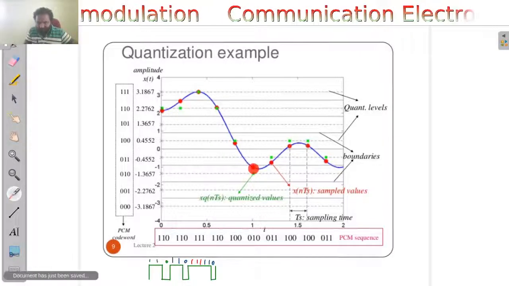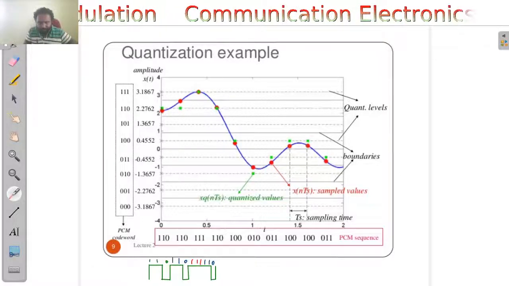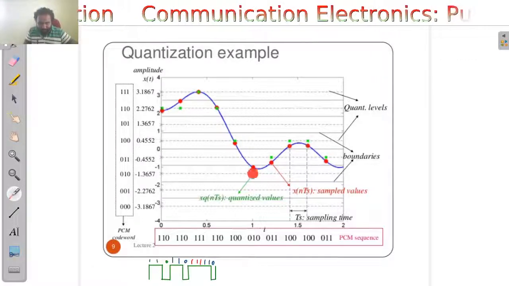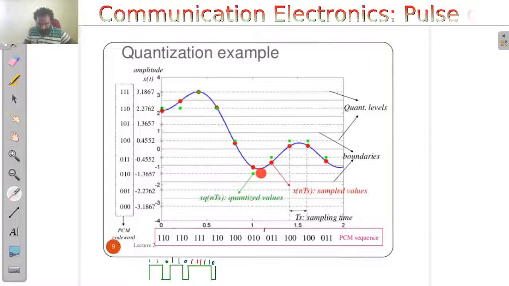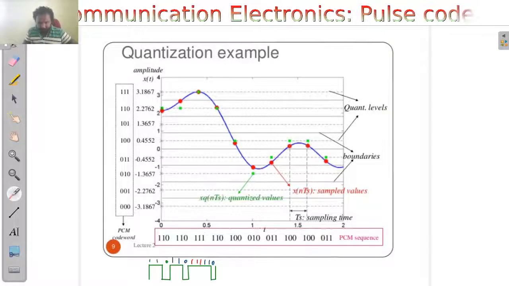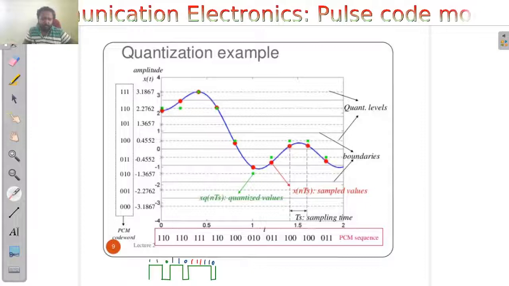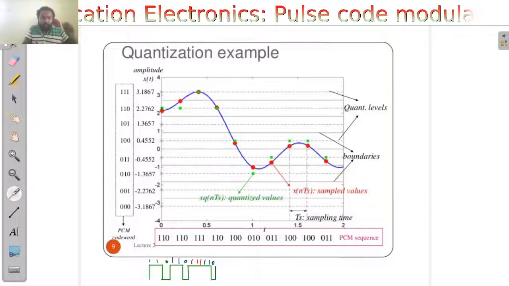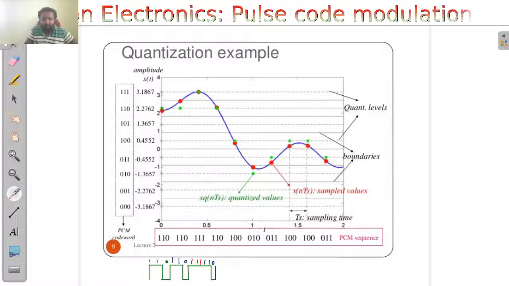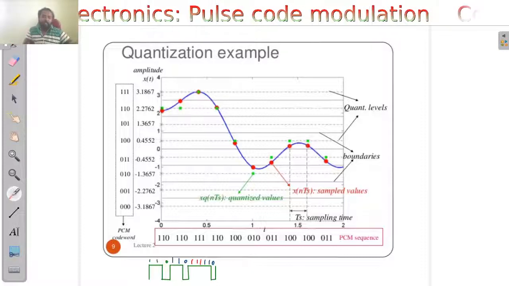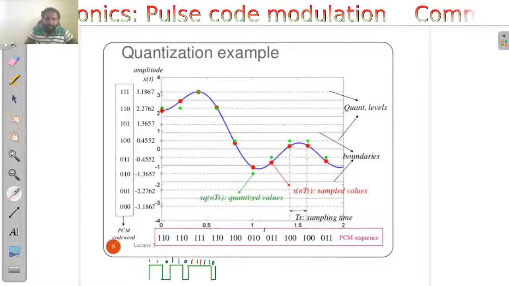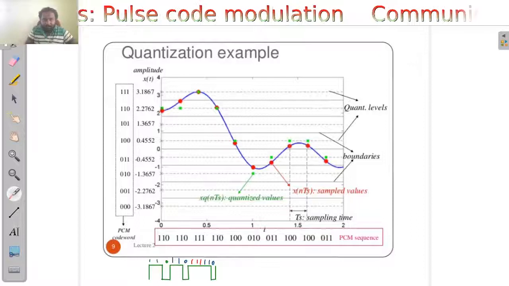The actual sampled value is lying below the boundary, so it will be approximated to the nearest quantization level, and it goes on like this. Each of these samples, the green colored dots, will be representing our quantized signal, and these green colored dots have to be encoded into digital representation.